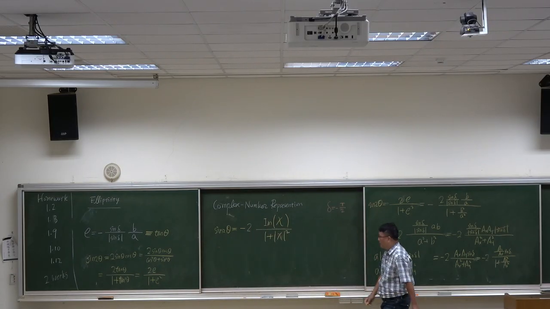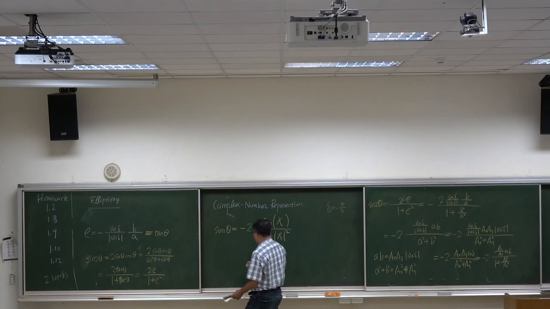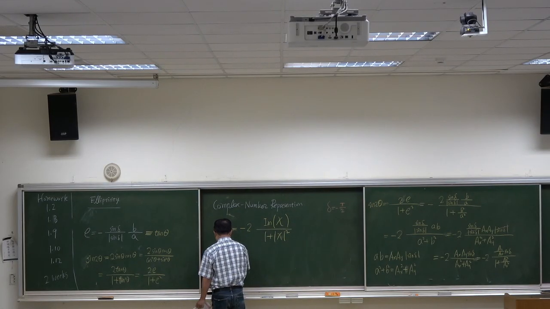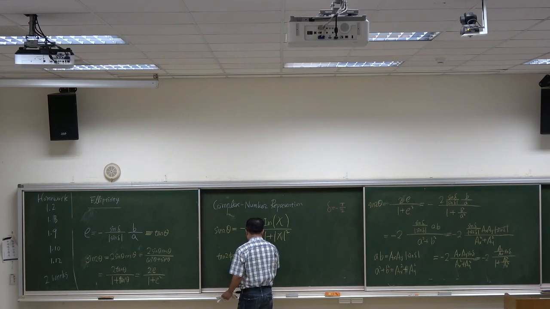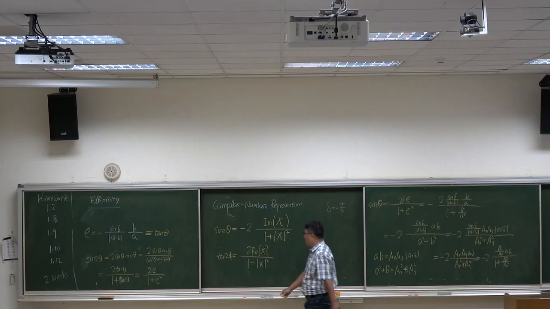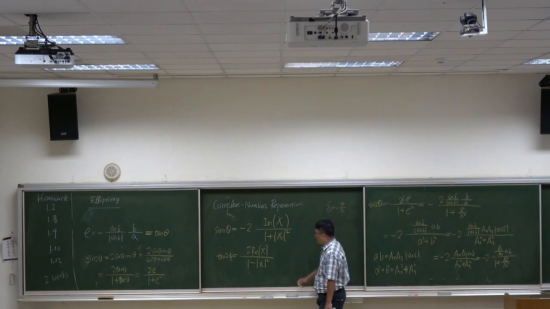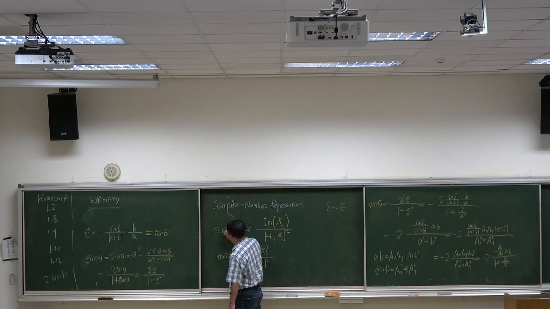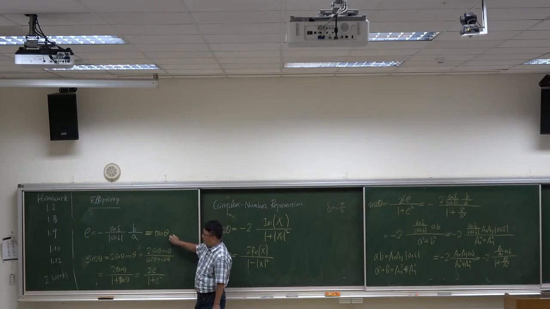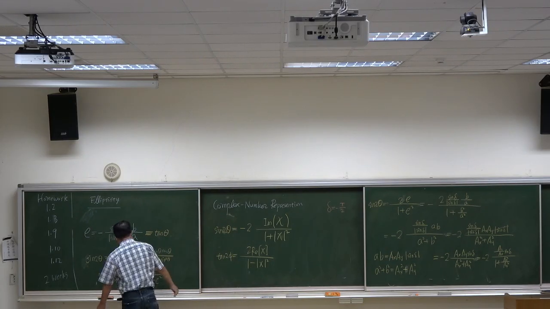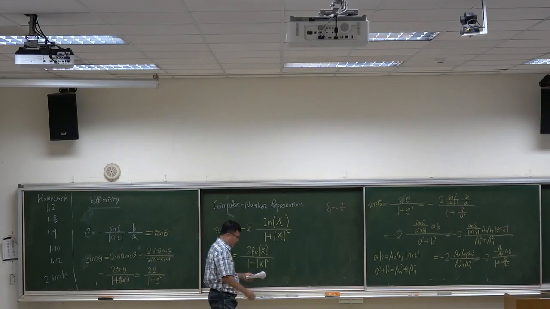Okay? And tangent 2 phi is 2 real chi over 1 minus chi absolute squared. Okay? So with chi, we can calculate the tangent 2 phi to find phi, and calculate the sine 2 theta to find theta and the tangent theta, and finally the ellipticity.